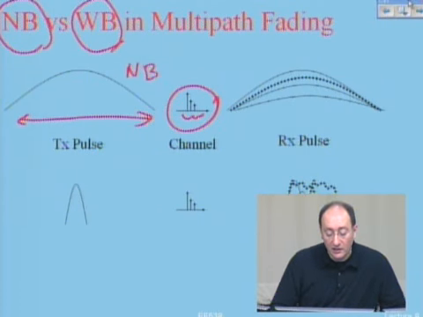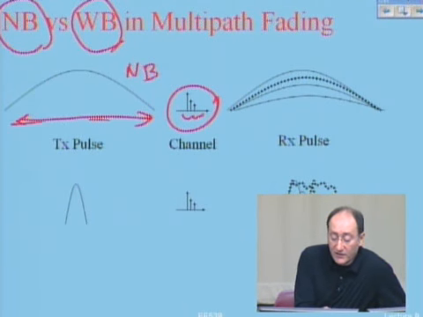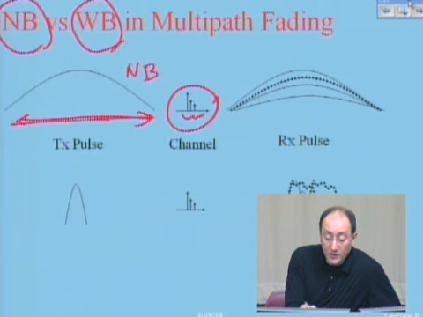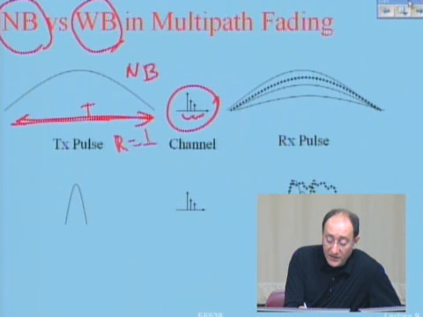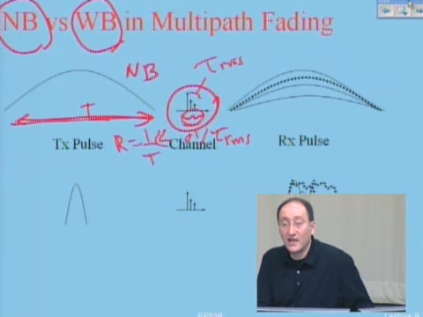Narrowband communication means that the inverse of this distance, which happens to be my data rate, if this is t, my data rate is r equals 1 over t. This thing is much smaller than the RMS multipath spread. In here, I have a tau RMS. And 1 over t is much smaller than 1 over tau RMS, than 0.1 over tau RMS. This is what I had last time.